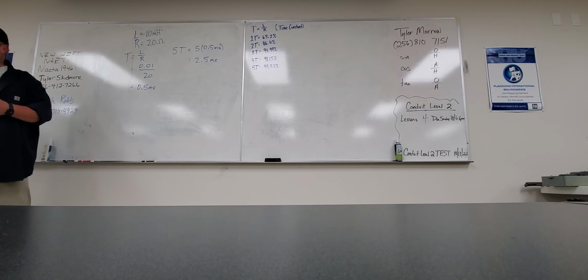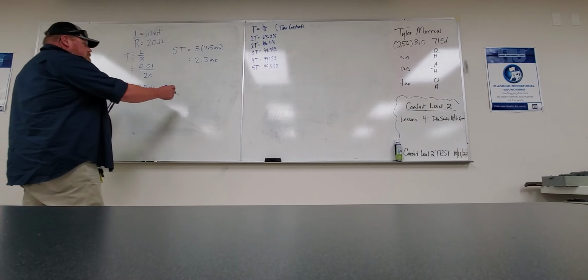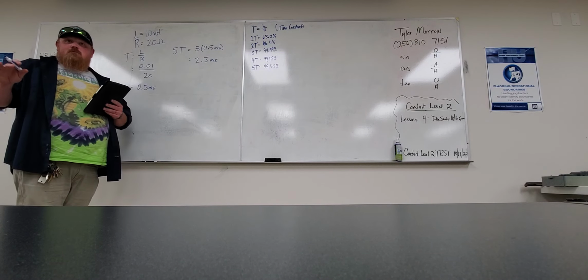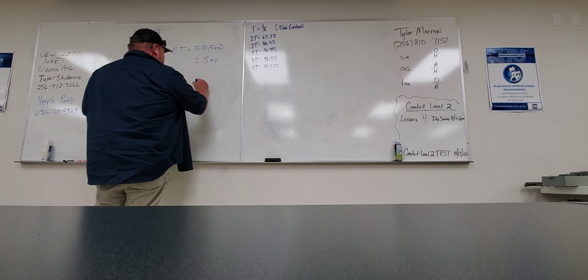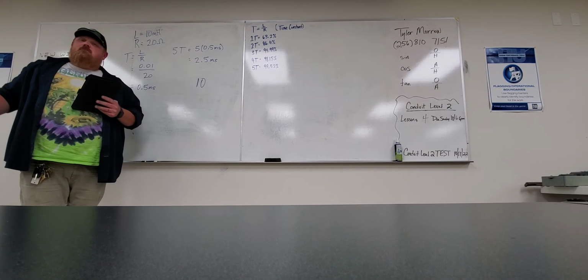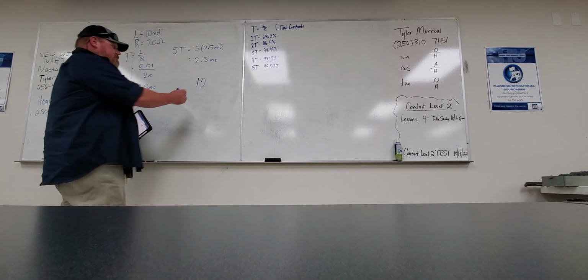How do you convert from millihenries? Easy. Everybody watching? So we've got 10 millihenries. We know way back in high school that there's an understood decimal right here, right?